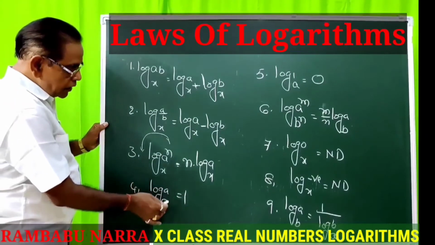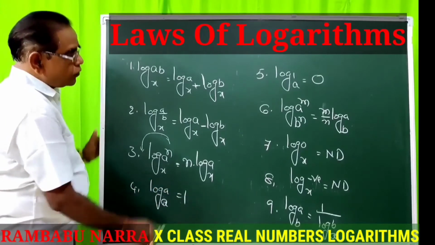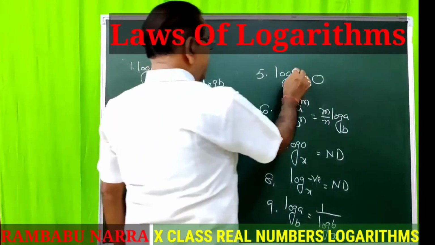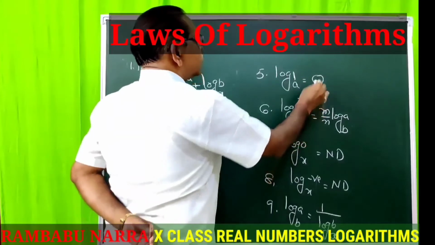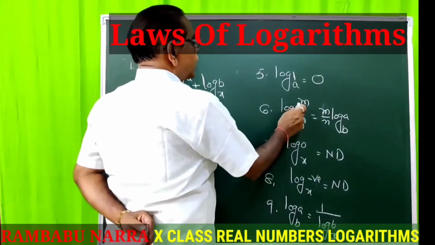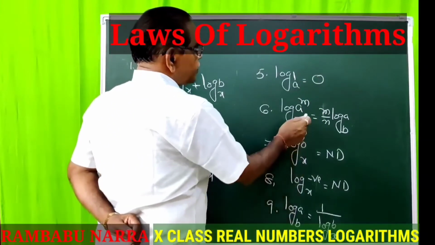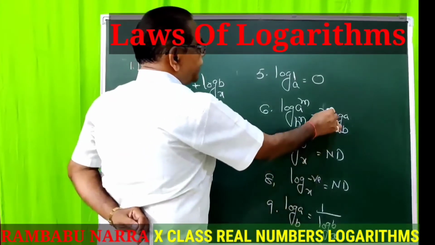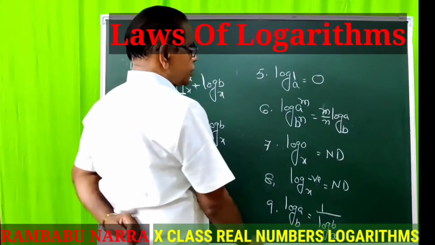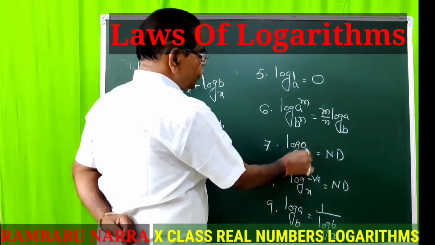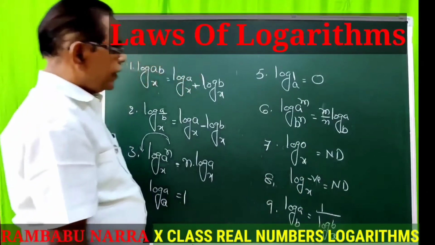Log A base A equal to 1. Log 1 any base equal to 0. Log a to the power of m base b to the power of n equal to m by n log a base b. Log 0 any base is not defined.